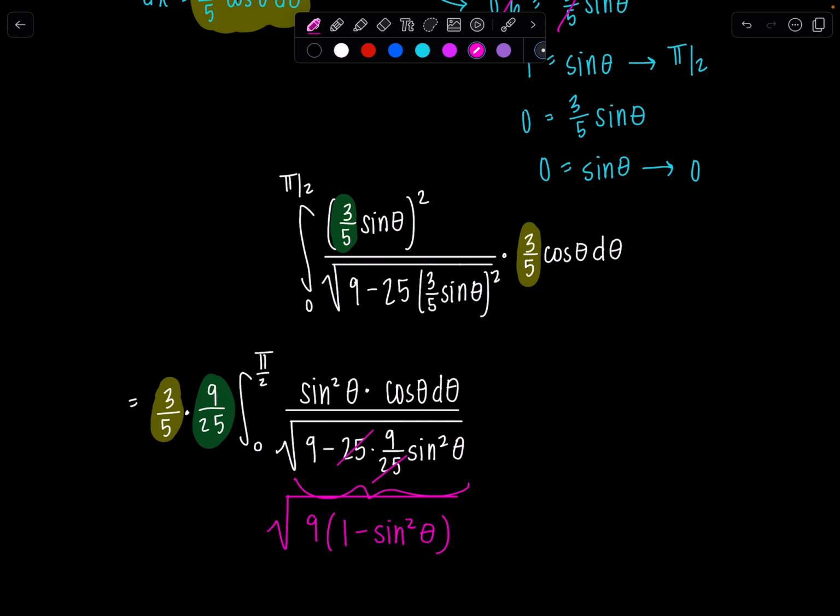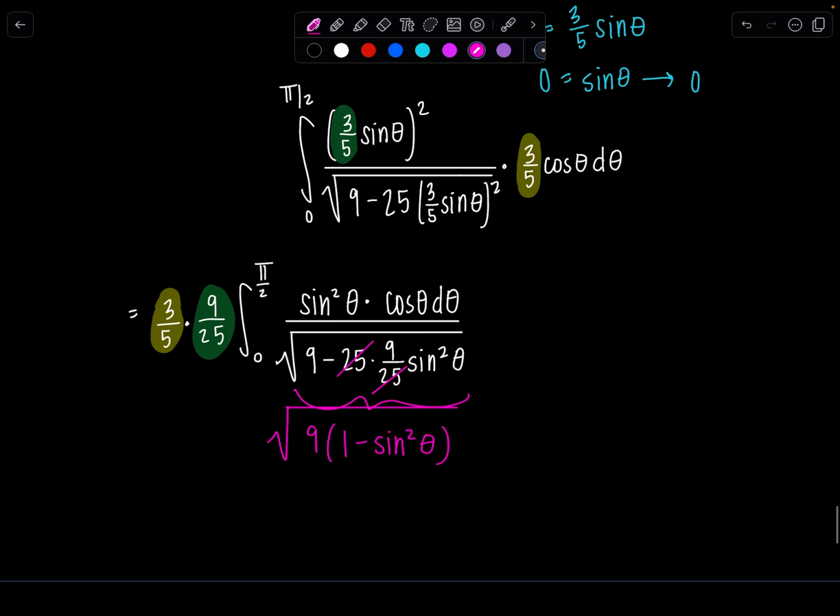Okay, very good. Well, this is the time the trig sub's beauty comes into play. So square root of 9 is 3. 1 minus sine squared theta, you're going to replace with cosine squared theta. I'm not going to skip too many steps, don't you worry, okay?